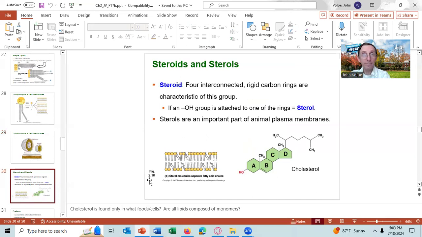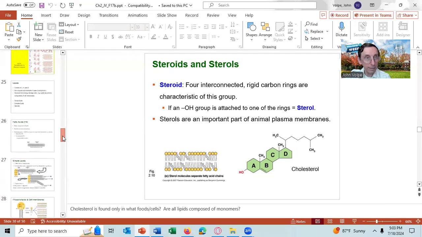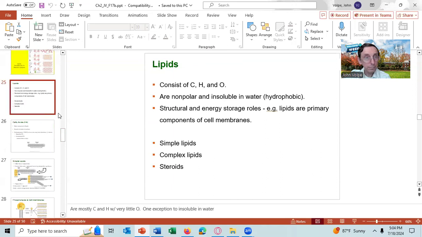So the next lipid we need to talk about are steroids and sterols. If you remember, I think I showed it at the very beginning here when we were talking about lipids. There are simple lipids, complex lipids, and steroids.